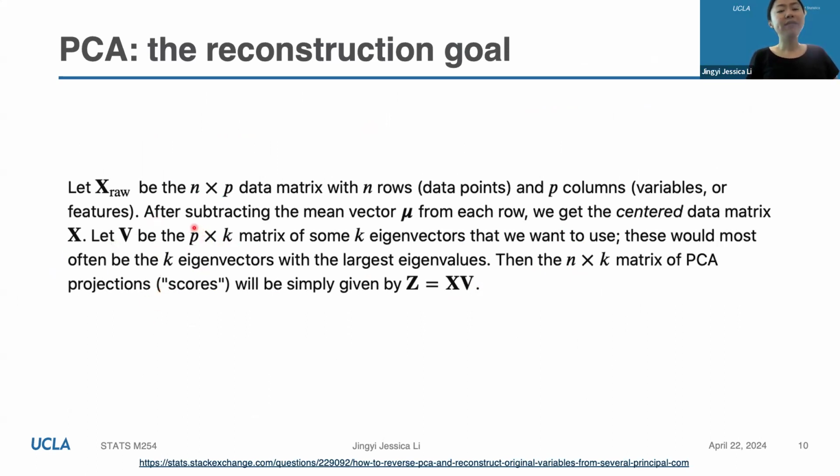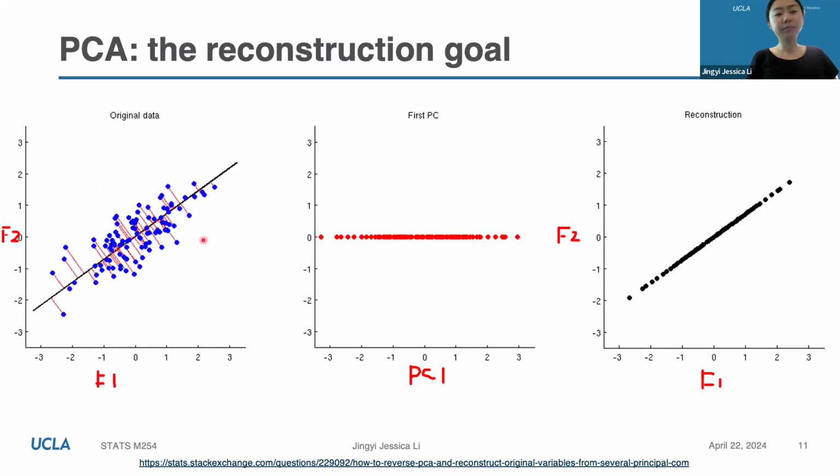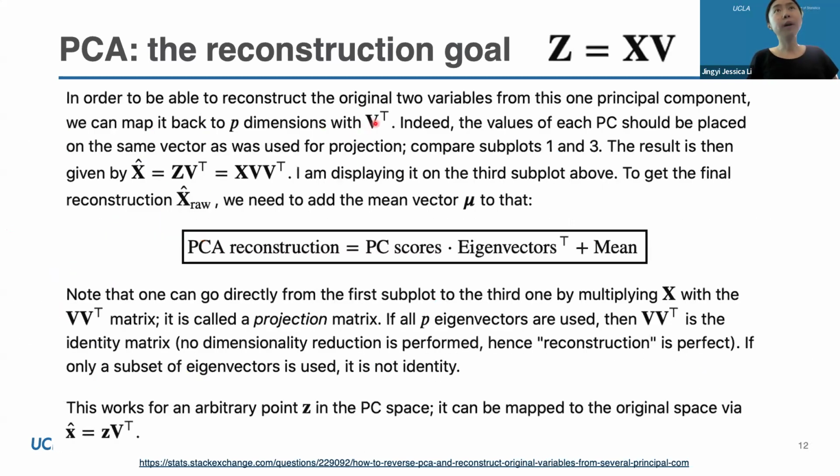The first column is PC1 loading, the second column PC2 loading, and the Kth column PCK loading. So it's a feature by PC matrix. Then V transpose is K by P, so we map the K PCs back to the P original features. Indeed, the values of each PC should be placed on the same vector as was used for projection.